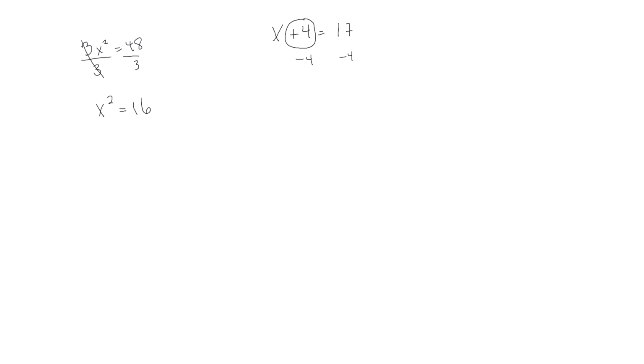Well, what's the opposite of squaring? Oh, yes, you in the back. It's square rooting. So I'll do the square root of this and the square root of this. The square root of x squared is just x times x.